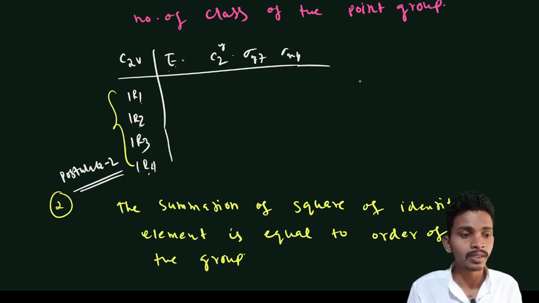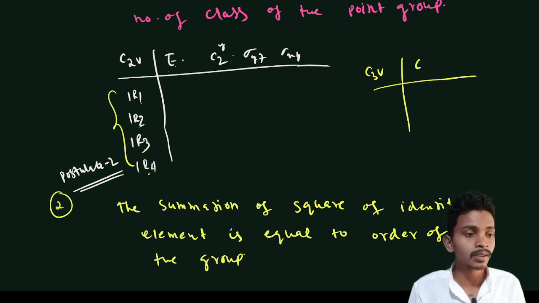For C3v, we have E, 2 C3 and 3 sigma v. So how many classes? 3 classes.